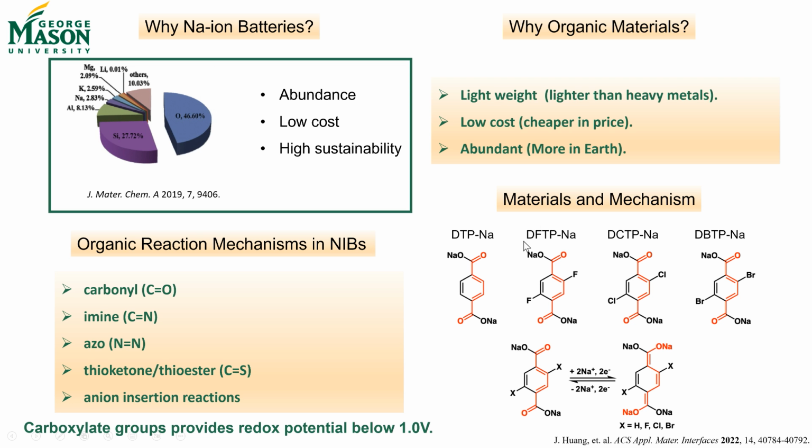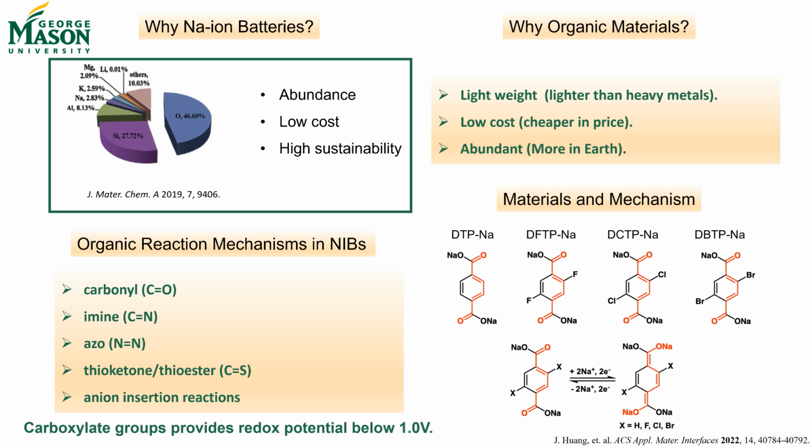So in our study, we designed three different halogenated terephthalic disodium salts, which are DFTP sodium, substituted by two fluorine, DCTP sodium, substituted by two chloride, and DBTP sodium, substituted by two bromide.